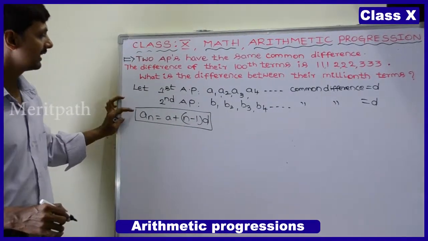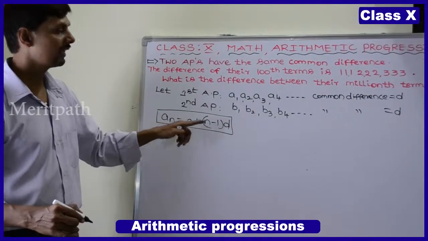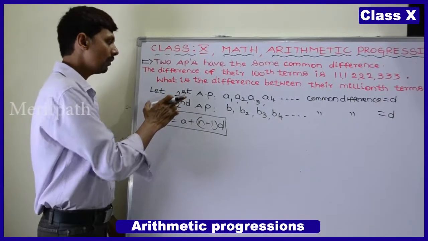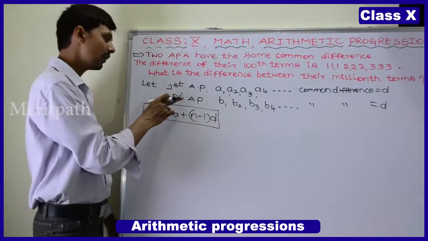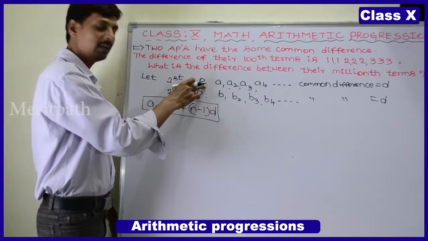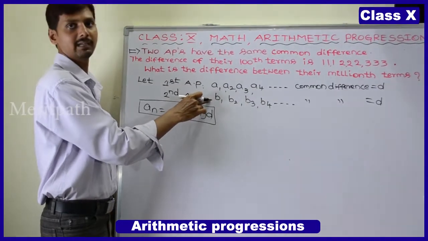So the general term of an AP is An equals A plus (n minus 1) into D. Let us find the nth term of the first AP and the nth term of the second AP.